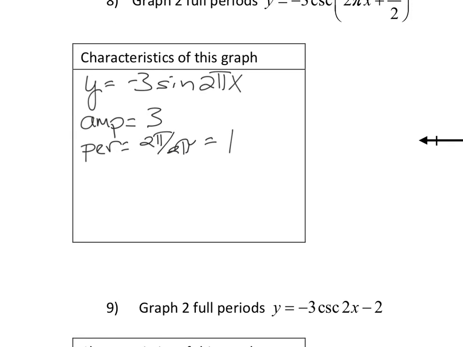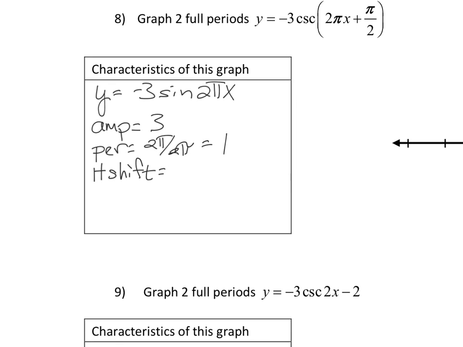Okay, horizontal shift is going to be a negative pi over 2 over 2 pi. Okay, to see how this works, I'm going to flip and multiply.